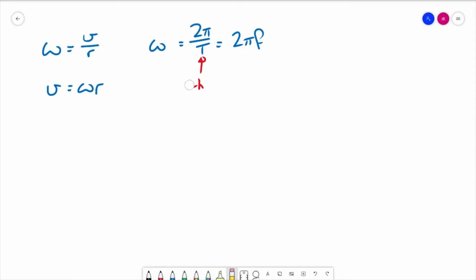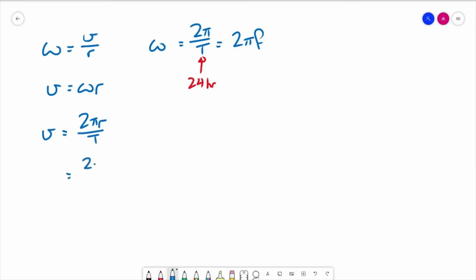T is 24 hours, so we can plug that in very easily. So if we substitute that in, v is equal to 2 pi r over T.